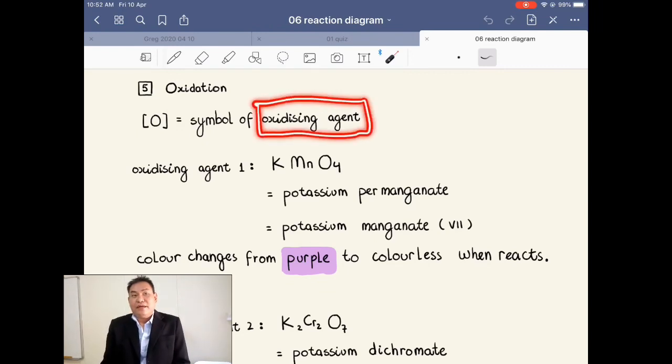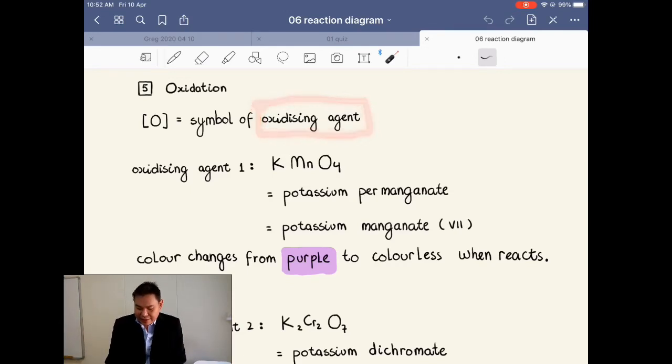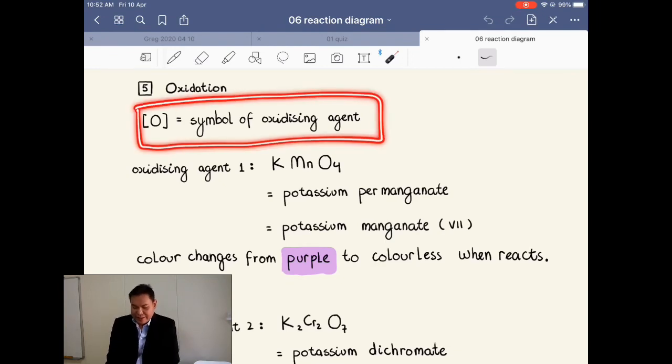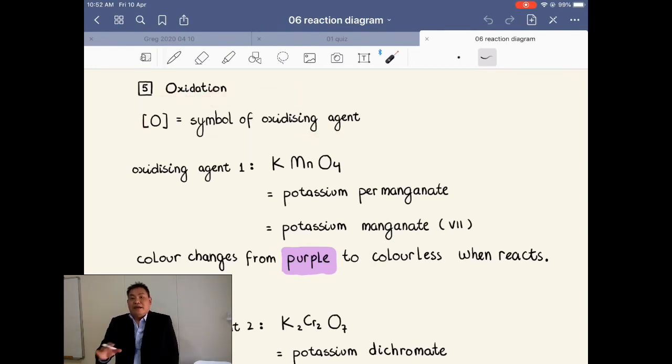And in the chemical equation for organic, the oxidizing agent, we use a certain symbol called the square bracket O. Square bracket O is the symbol of oxidizing agent. There are a lot of oxidizing agents you can use to oxidize organic substance, but for O level, you need to memorize two only, the one that is commonly used.